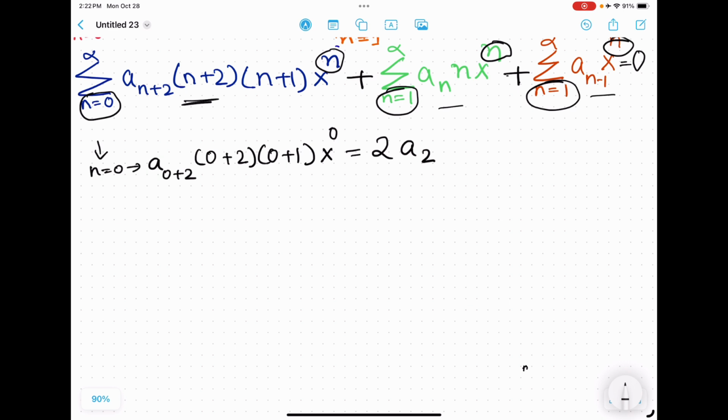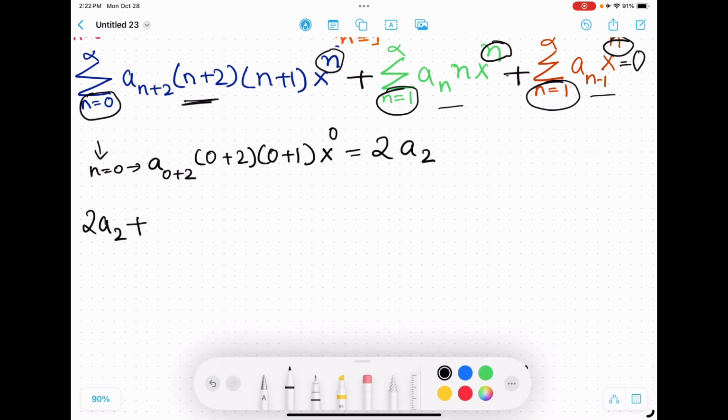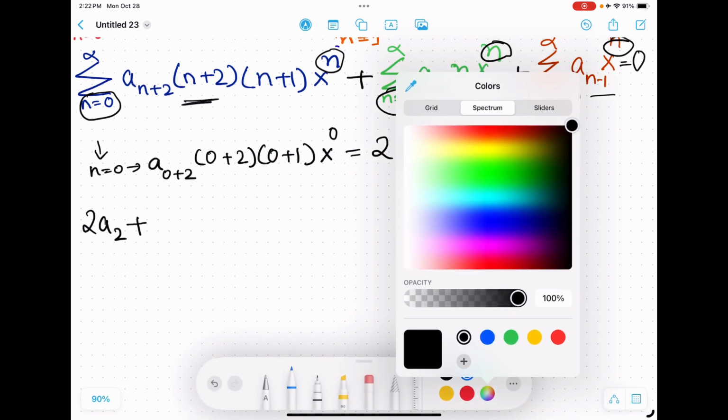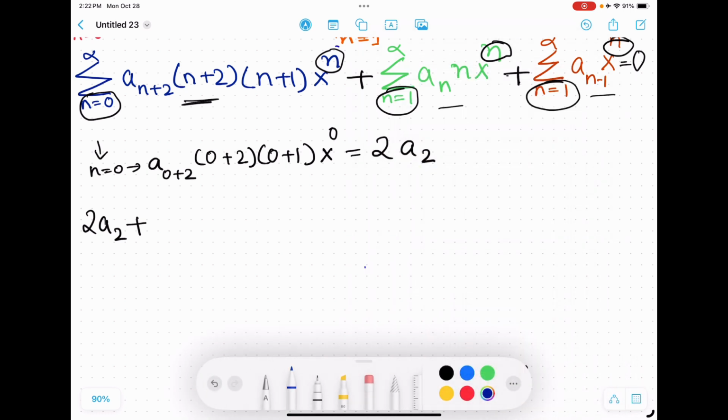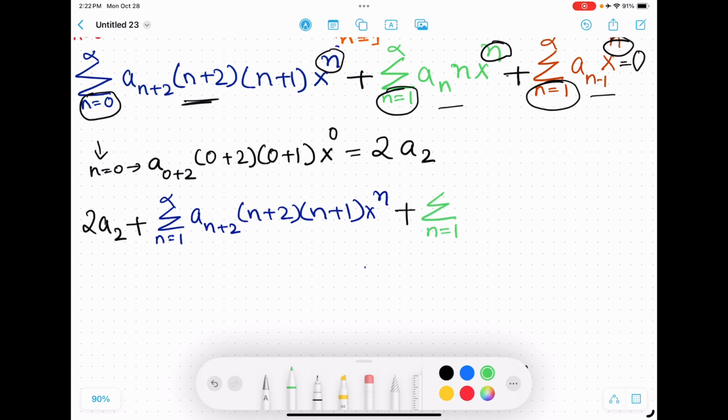Let's write all of that. So now I have 2a sub 2 plus my first power series, which can now start from 1. Then I have my plus, then there's our second power series.